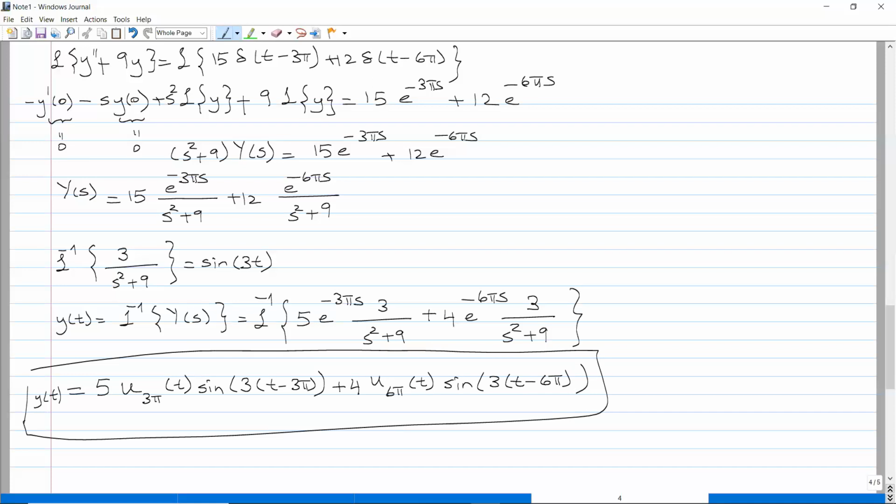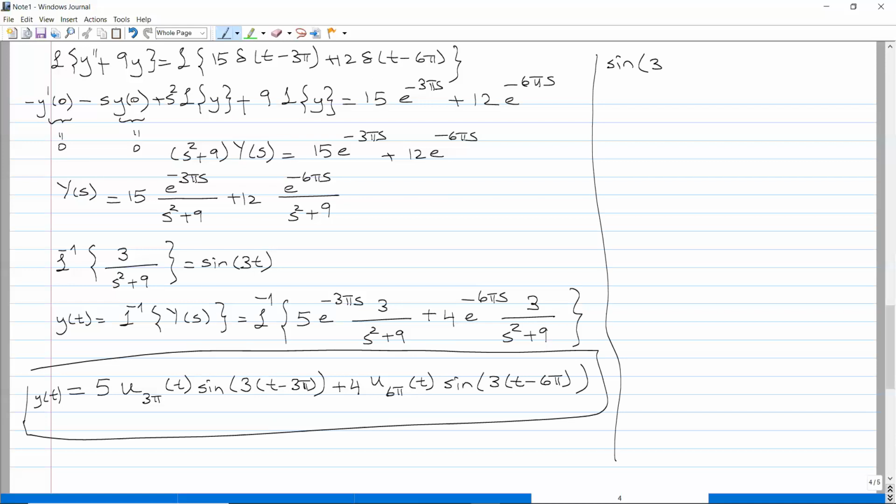Okay, what I'm going to do now, you don't have to when you're solving an example, but in order to understand better what all these step functions mean, first of all, since we have the sine function and t minus 3 pi and 6 pi, we can simplify those functions. So let me do that first.